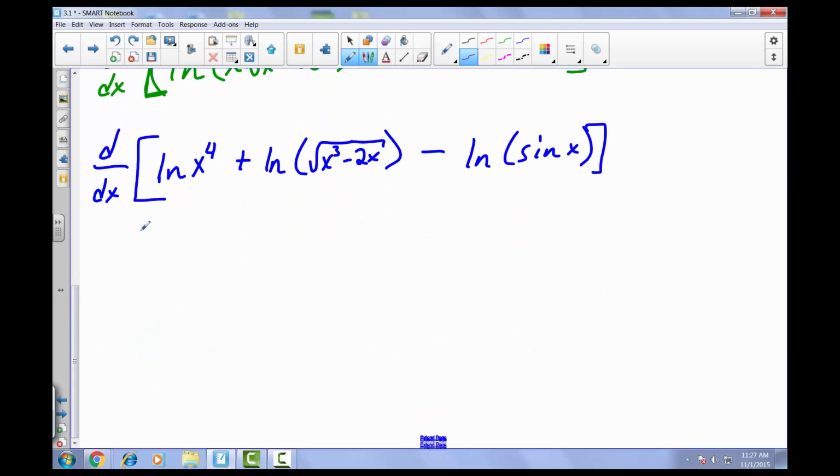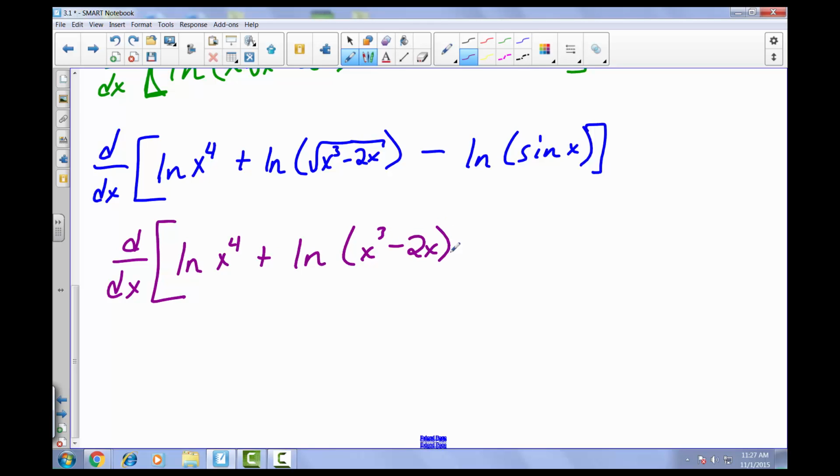So let's go ahead and rewrite this guy in terms of an exponent. So really we have the derivative that we still have yet to take of the natural log of x to the 4th plus the natural log of x cubed minus 2x raised to the 1/2 power minus the natural log of the sine of x.